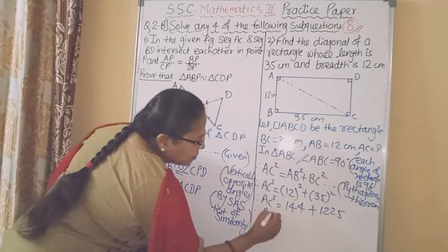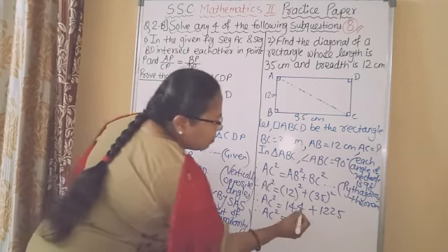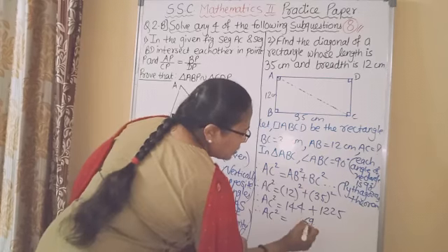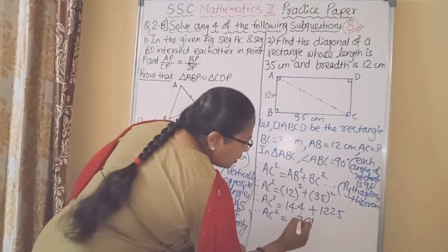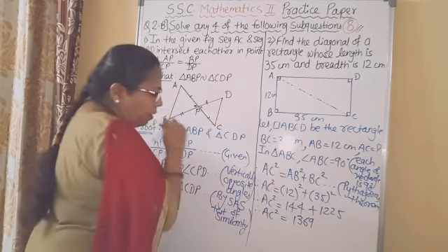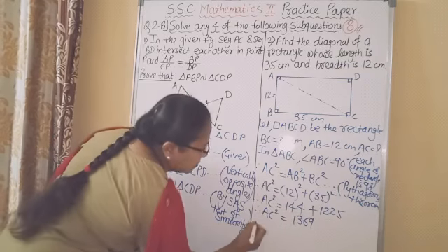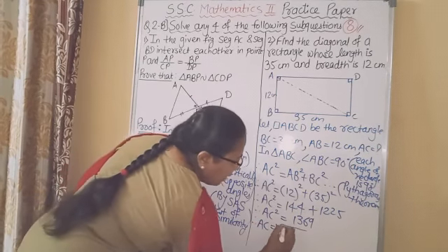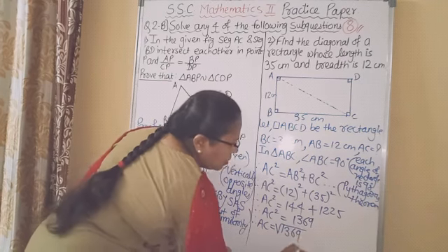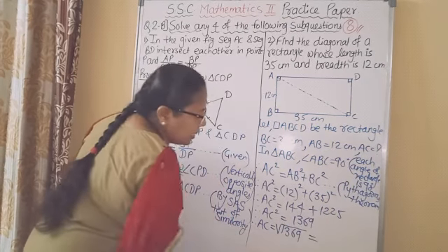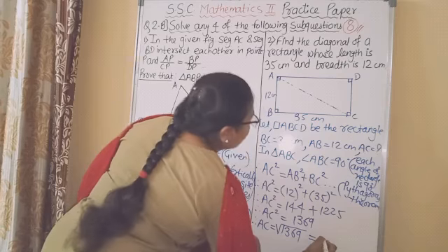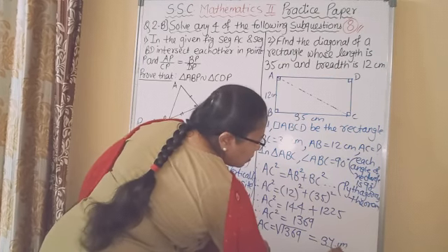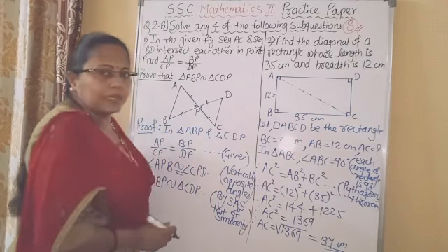Add this, 4 plus 5, 9, 4 plus 2, 6, 1 plus 2, 3 and this 1. 1369. Therefore, AC is equal to square root 1369. So, square root of 1369 is 37. So, AC is equal to 37.